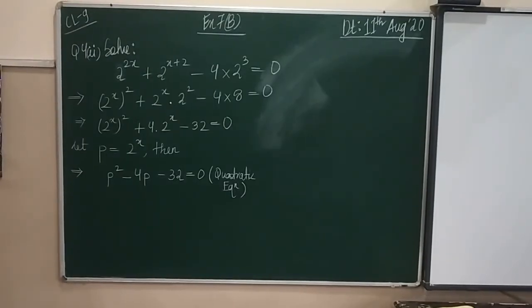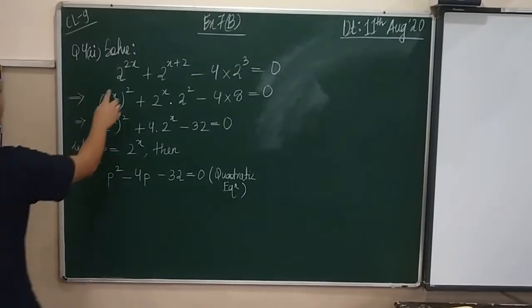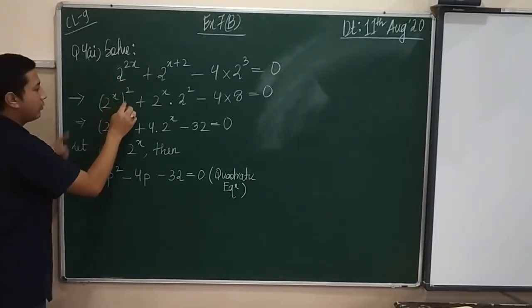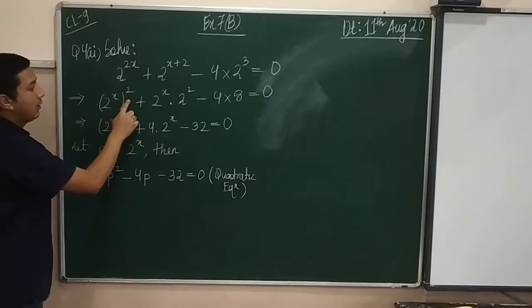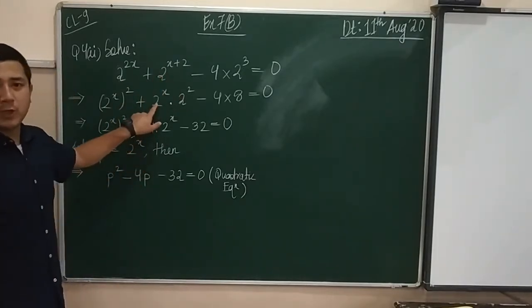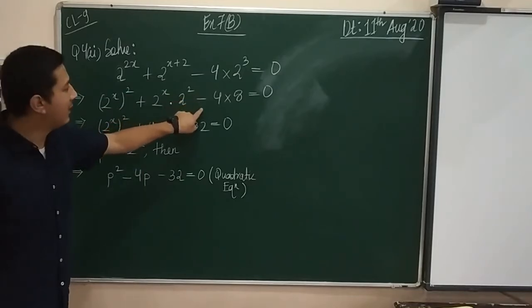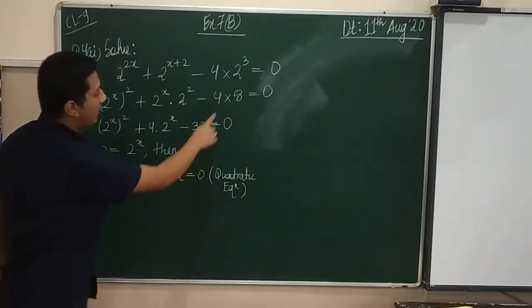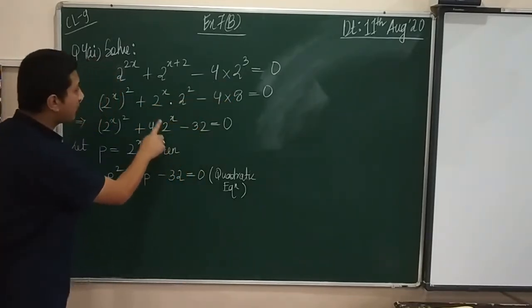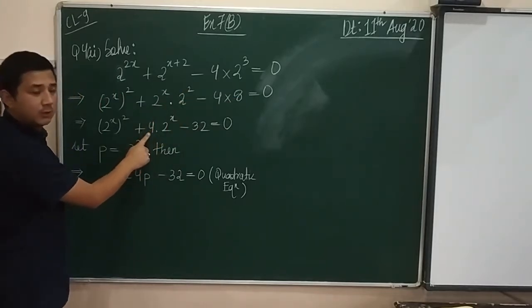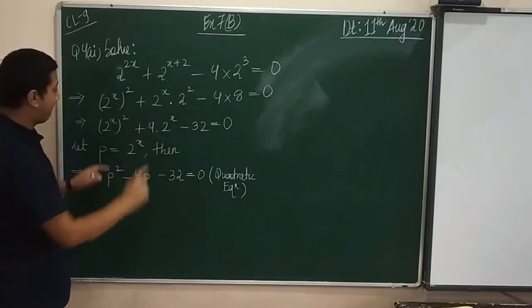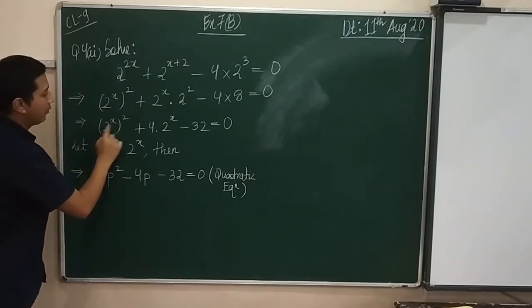As I told you, we can write 2 to the power 2x as 2 to the power x whole square by using the power law. And here I'm using the product law, 2 to the power x into 2 to the power 2 minus, this is 8 4s are 32. 2 to the power 2 means 4 into 2 to the power x, and 2 to the power x whole square as it is.